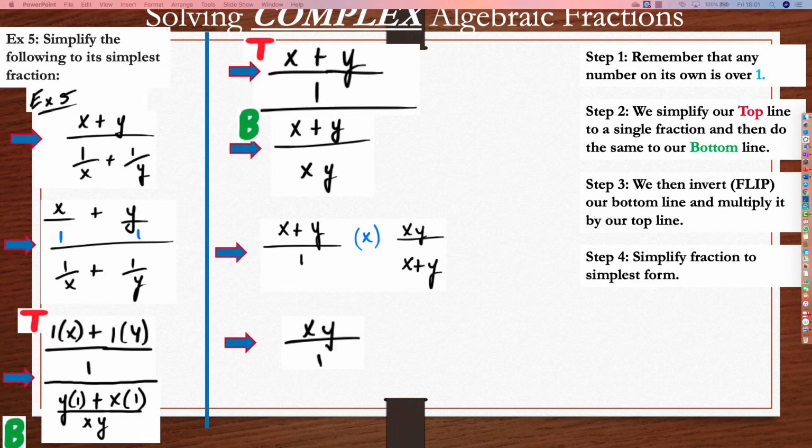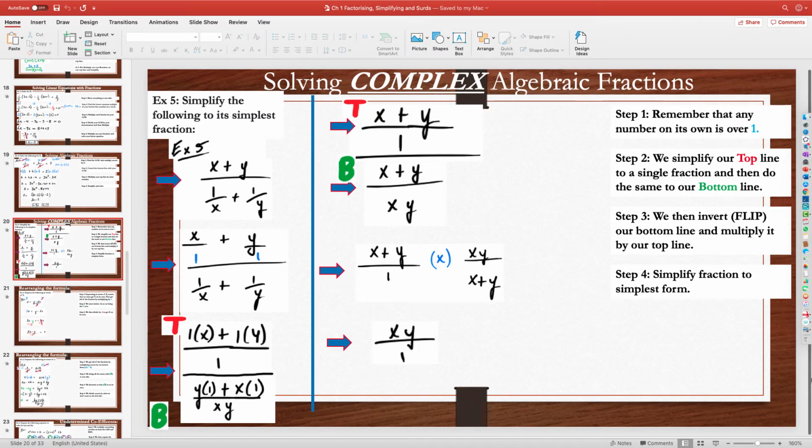So figure out what you're going to do with that. The hint is factorizing.